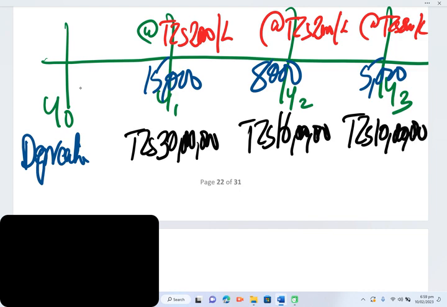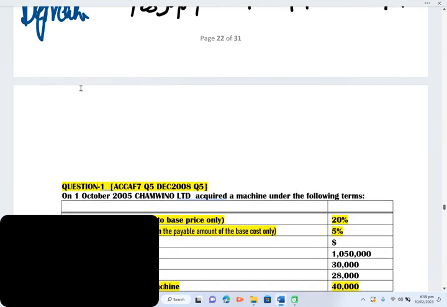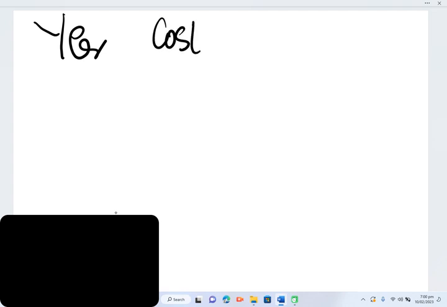Mmekaa vizuri? Sasa wewe utaandaa depreciation schedule bila matatizo. Depreciation schedule. Kwa cha kwanza tunasema year, kuna cost, si ndio?